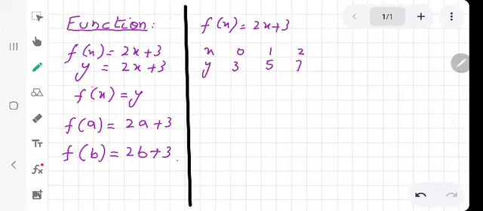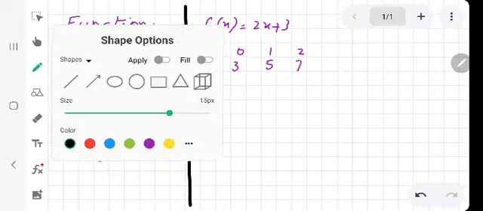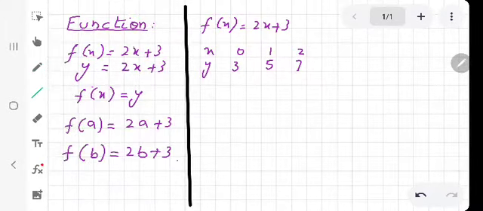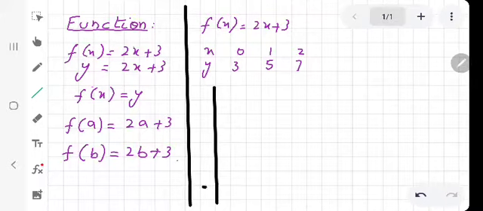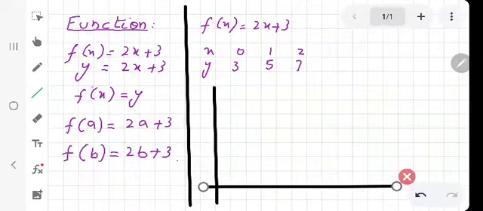Now if I draw the graph of this, x 1, 2.